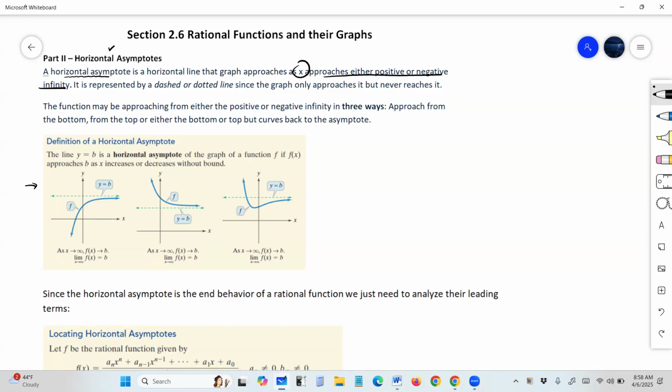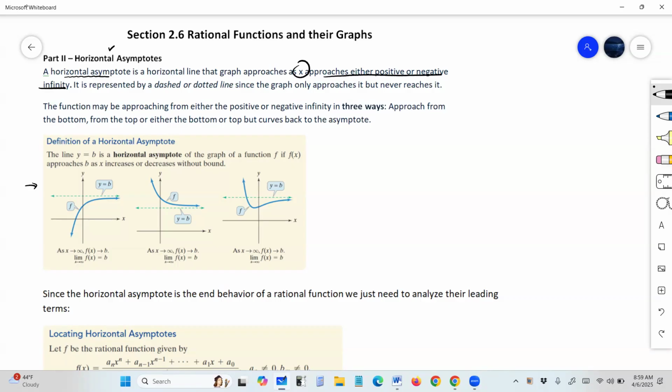So this is pretty much like the end behavior of the polynomial as we go to either positive or negative infinity. Same representation as a dashed line, but now it's a dashed line parallel to the x-axis. There could be three possible ways that this can happen, right?